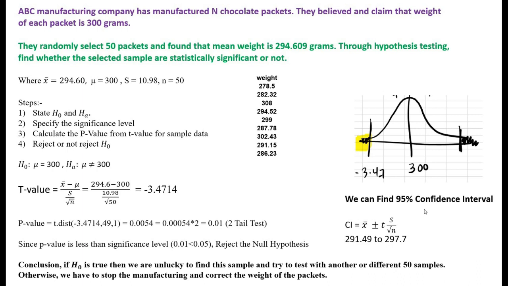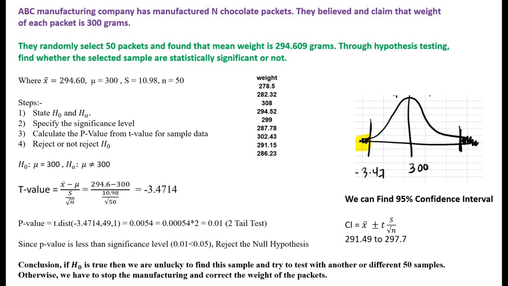Another thing we can do is to find the confidence interval. We can take a 95% confidence interval, and when we put the values in this formula, x bar plus minus t times s divided by the square root of n, we get 291.49 to 297.7.